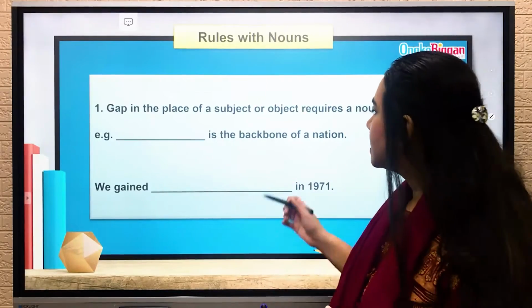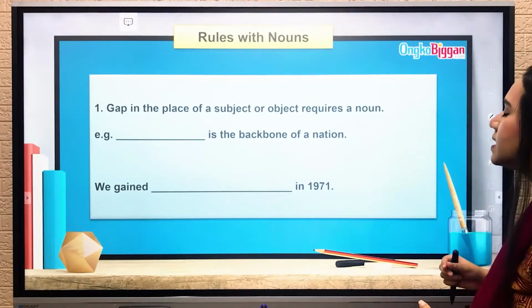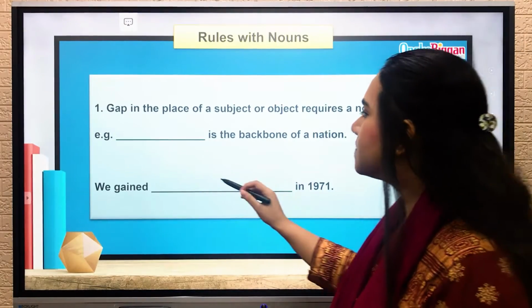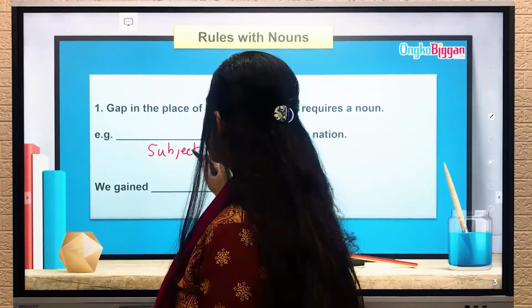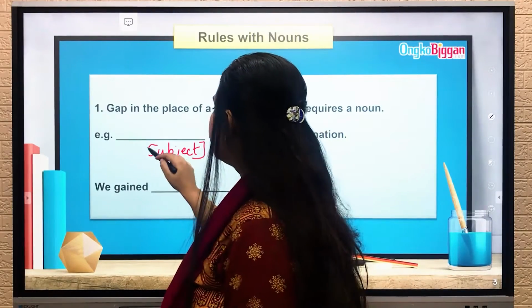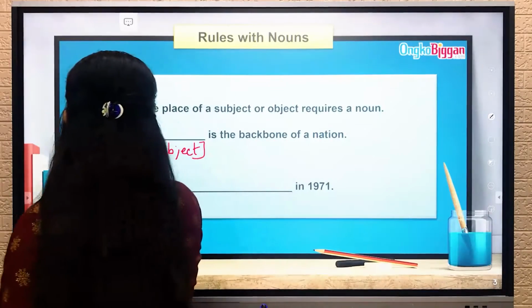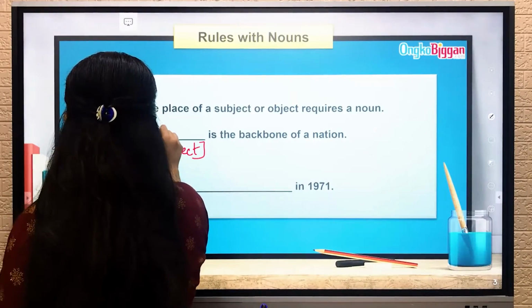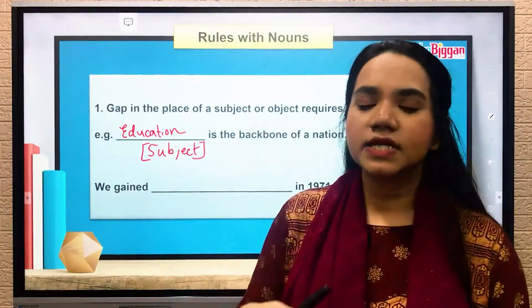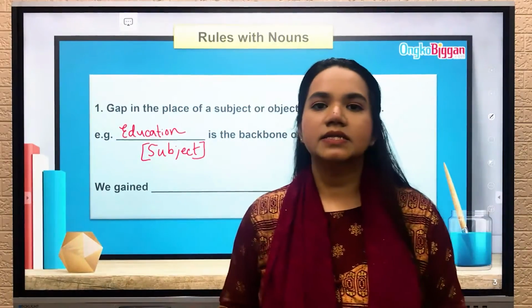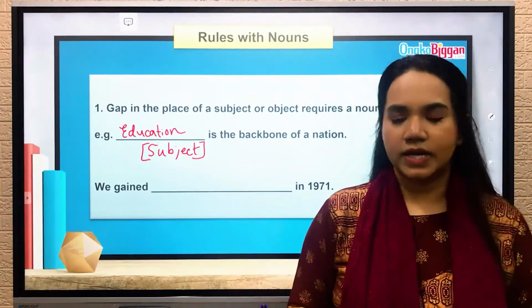So in this case, dash is the backbone of a nation. So this means very clearly that there has to be the subject of a sentence, right? So we know that this is a very commonly used proverb, a very commonly used saying, which is education is the backbone of a nation. So education is definitely a noun. If in the brackets there was the word educate, then we would convert it to education.